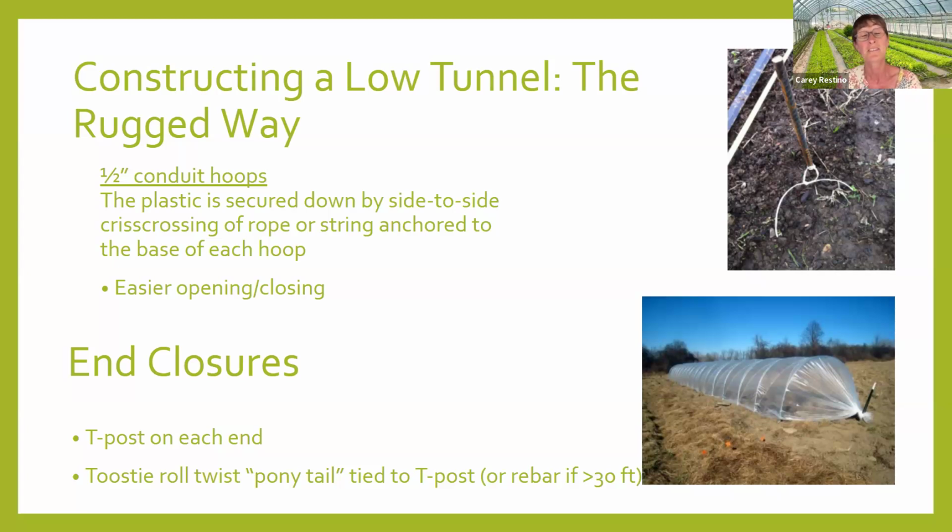Eventually the string does break down if it's not UV resistant, like baling twine breaks down over time. But the trick is to get it really nice and tight, because then if you have this tight string going all the way down and then coming all the way back, you can actually pull the plastic up and that string will hold the plastic up in the air.